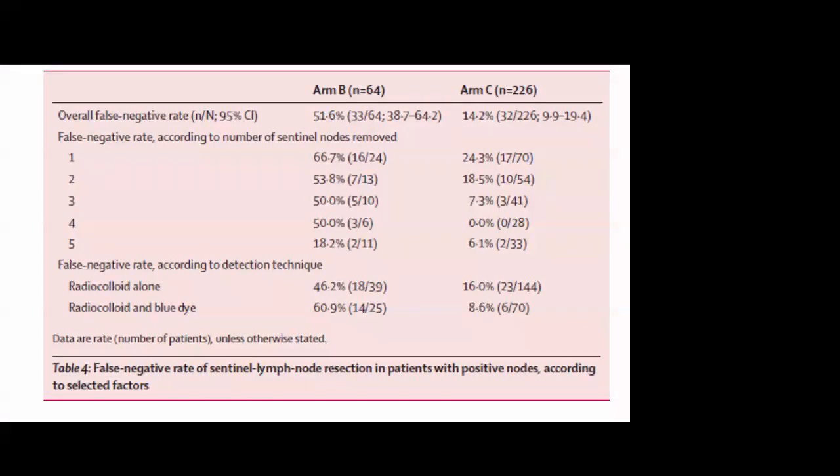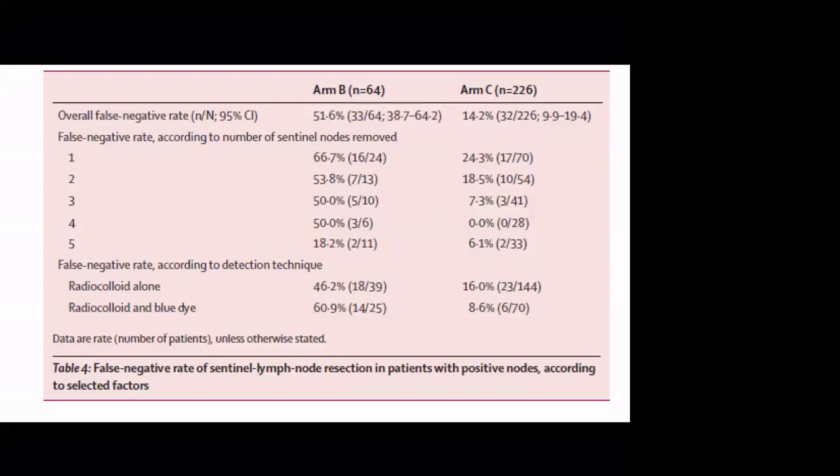Once you have done a surgical procedure, your lymphatic channels have figured out some new routes into the lymphatics. That is why the accuracy of a sentinel lymph node biopsy, once you have done it already pre-op, is very low. In fact, the false negative rates are lower when you don't touch the axilla at all, and just after giving neoadjuvant chemotherapy, even if it is clinically node positive, you just do a sentinel lymph node biopsy. But obviously that cannot be considered standard of care.